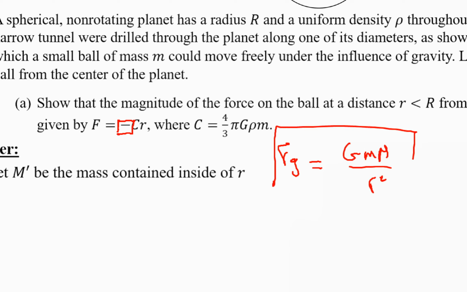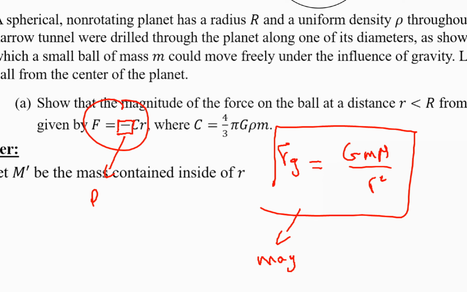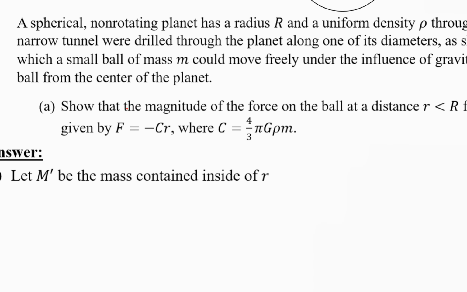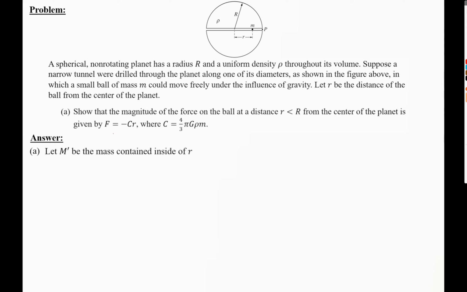Now this is the magnitude. This is the force itself. And here they said to show that the magnitude of the force. This is wrong. This should be show that the force. So they want the force and not the magnitude.